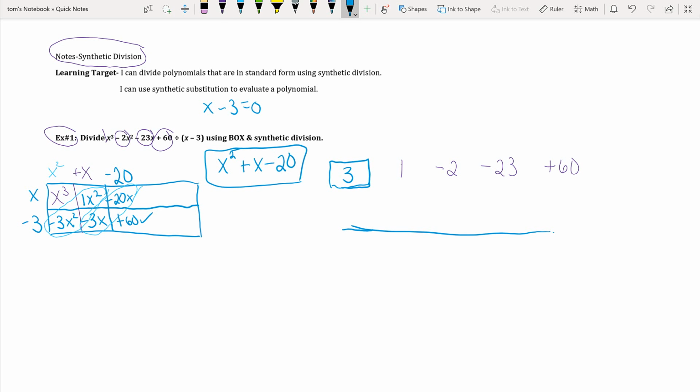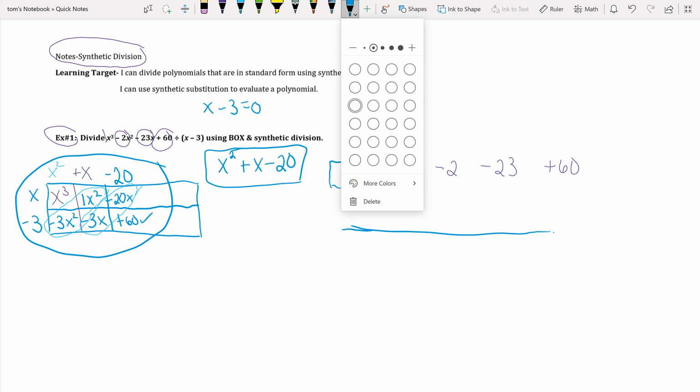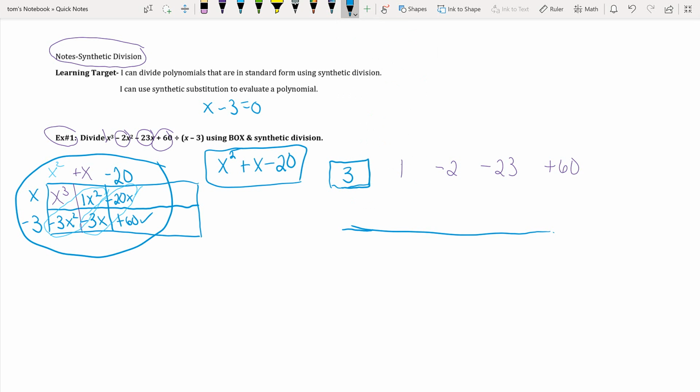And in a very similar way to how we did this process before, where we were adding and multiplying and just repeating that process, we're going to do the same thing here. So we're going to start with this first number 1, and we're going to add it to, well, there's nothing underneath the 1. We'll put a 0 there if we want. 1 plus 0 gives us 1.